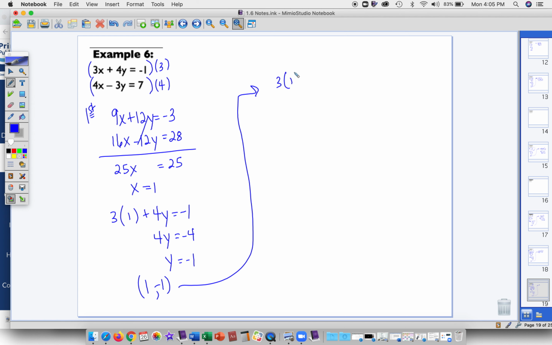So 3 times 1 plus 4 times -1. Does that equal -1? Yes, it does. In the second equation, 4 times 1 minus 3 times negative 1, does that equal 7? So this becomes 4 plus 3, which does equal 7, so it checks out.